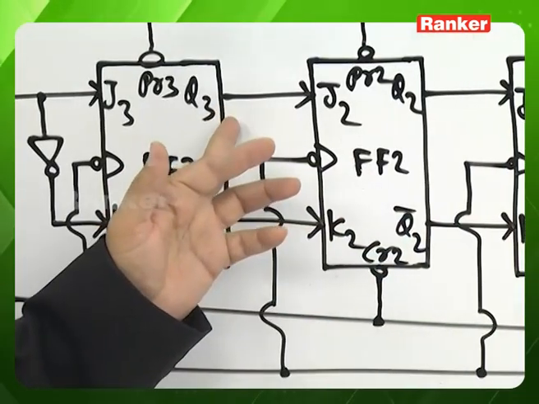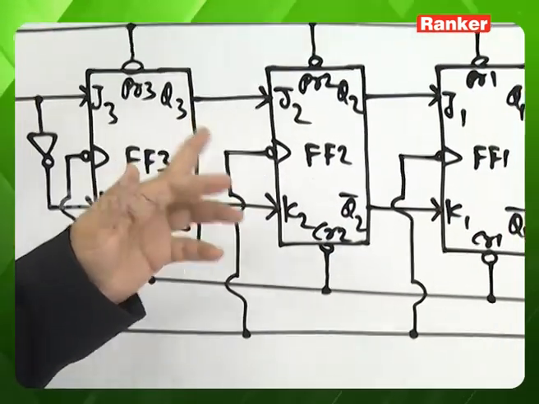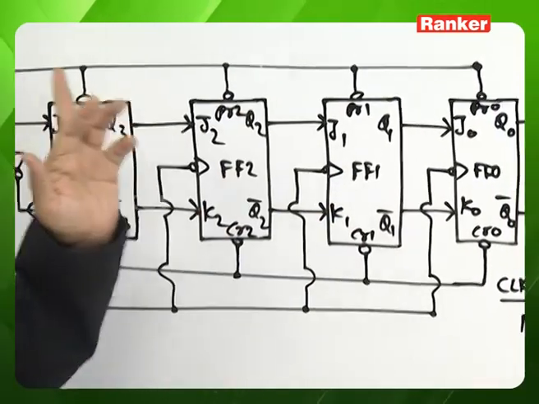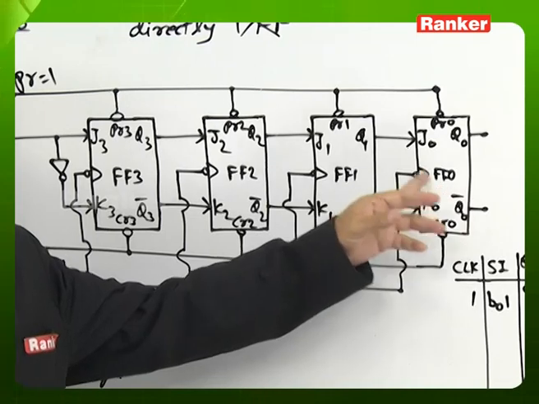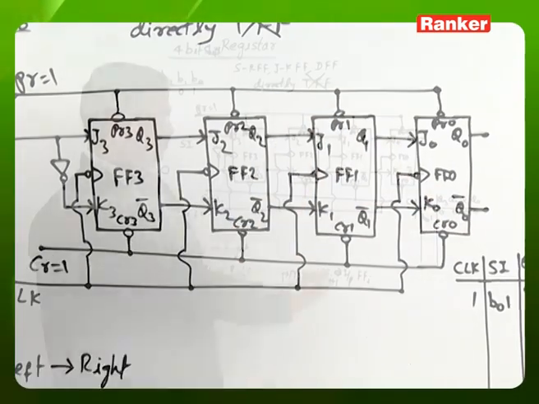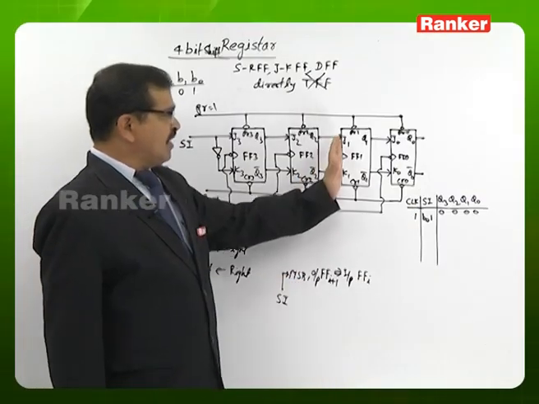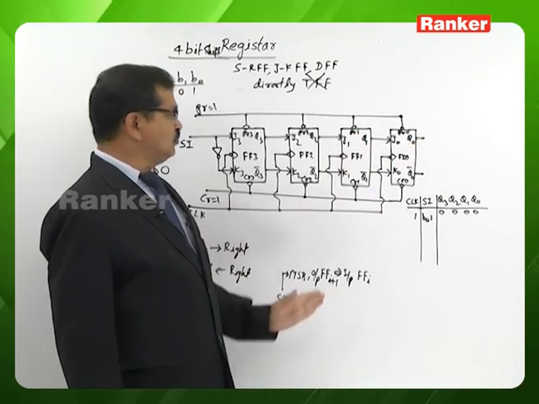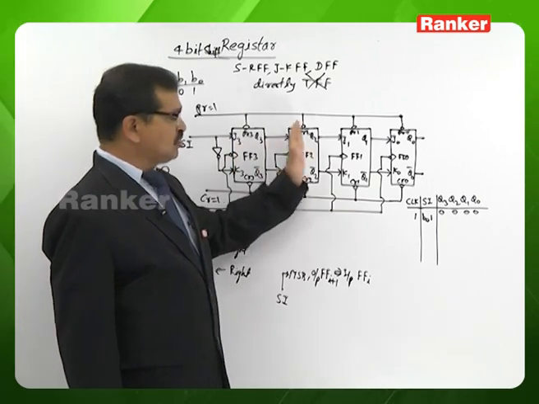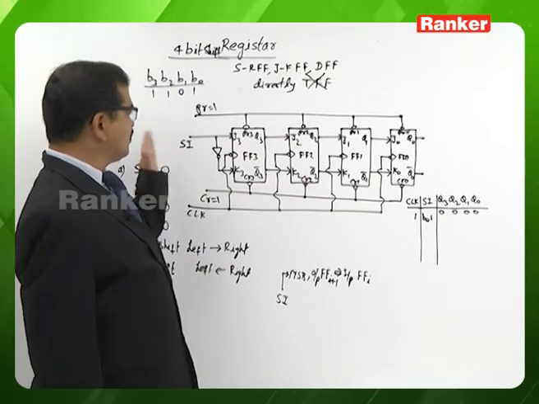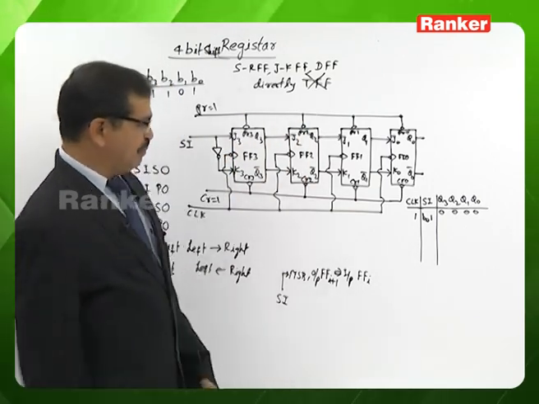Flip-flop 2 input is the flip-flop 3 output, which was 0. Flip-flop 1 input is the flip-flop 2 output, again 0. Flip-flop 0 input is the flip-flop 1 output, again 0. So flip-flop 1 data is transferred to flip-flop 0, flip-flop 2 data is transferred to flip-flop 1, flip-flop 3 data is transferred to flip-flop 2, and the external input is entering flip-flop 3.